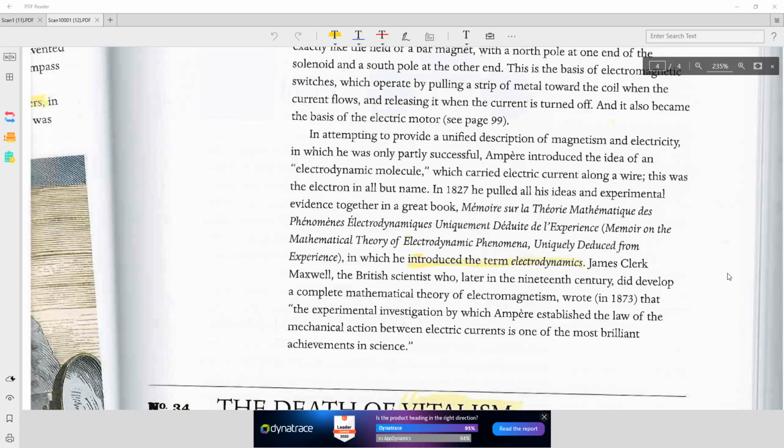James Clerk Maxwell, the British scientist who later in the 19th century did develop a complete mathematical theory of electromagnetism, wrote in 1873 that, quote, "The experimental investigation by which Ampere established the law of mechanical action between electric currents is one of the most brilliant achievements in science," unquote.